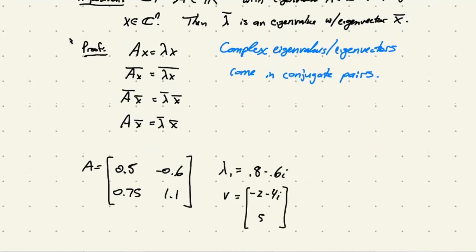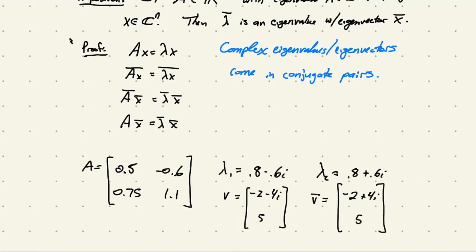We can easily find the other by taking the conjugate. So if I take the conjugate of lambda 1, I get lambda 2, which is 0.8 plus 0.6i. And I can get the conjugate of v as the associated eigenvector. To take the conjugate of v, I just flip this to be negative 2 plus 4i. And since 5 is a real number, the imaginary part stays 0.